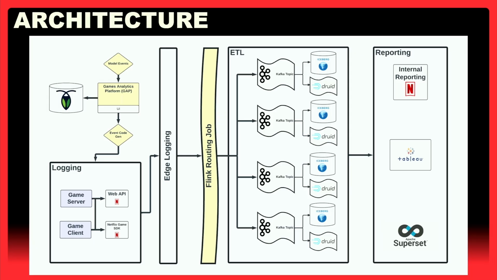So the goal is that this entire process is automated end-to-end. So there is zero incremental data engineering when there's a new event created or a new title that's onboarded. And let's go through the data components that we had to build to enable the solution to work.